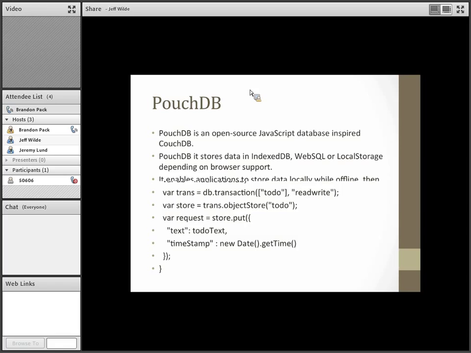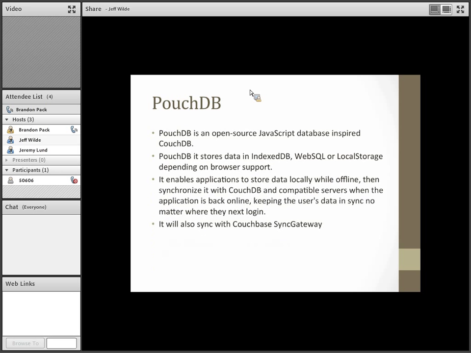So what PouchDB does is it takes the Couch API with the master-master synchronization, the same concept of put and get, and wraps it around the built-in storage in your browser. You could also think of it as almost a polyfill for browser storage, because PouchDB prefers IndexedDB since it's the most similar and the most supported.